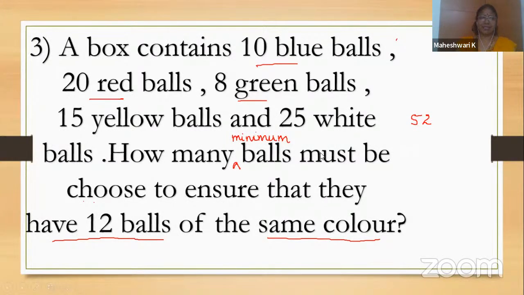We got 56, right? So is there anything you can figure out here? If I had taken 30, that could be red and blue or red and white, two colors maximum.